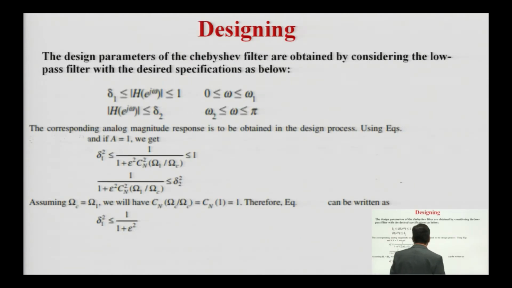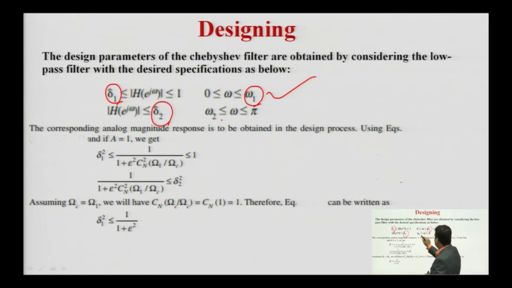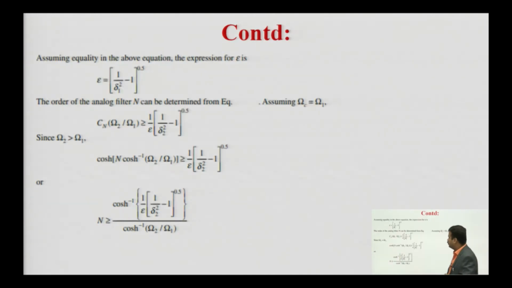Now, again, in my previous PPTs in this lecture, I told you the generalized initial conditions that are given to you: this is in the pass band, this is in the stop band, and the pass band and stop band frequencies are given. You can determine other parameters by calculating these values and putting the values here.